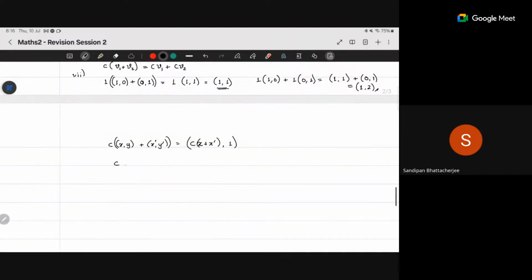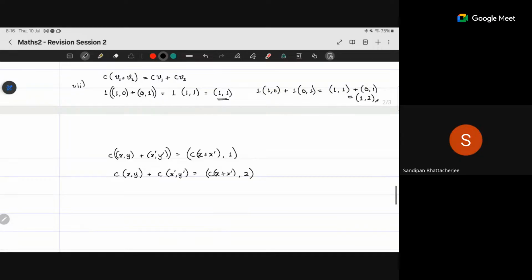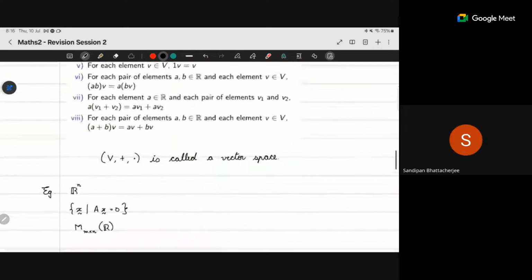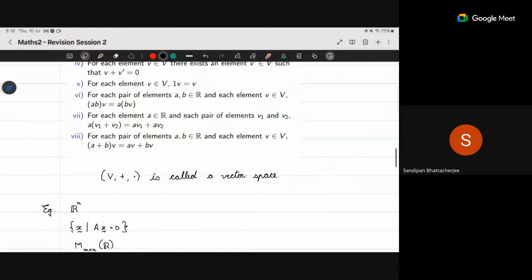On the other hand, c(x, y) plus c(x prime, y prime) would be (cx, 1) plus (cx prime, 1). In this case, you will always have 2. So you'll have 1 and you'll have 2. In this case, you can take a generic thing. In fact, the polar opposite of 7 is true: for each element, this will not be true. That is the statement that holds in this case. Anyway, what about 6 and 8?